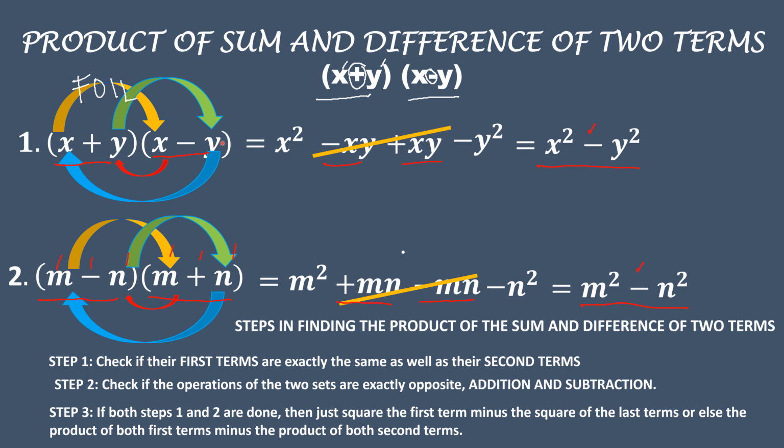Then the second and the second, we have there y squared. And here, we have m times m. Both firsts, we simply get m squared. And then the second and the second will be multiplied, thus we get the negative n squared, since they are both negative.